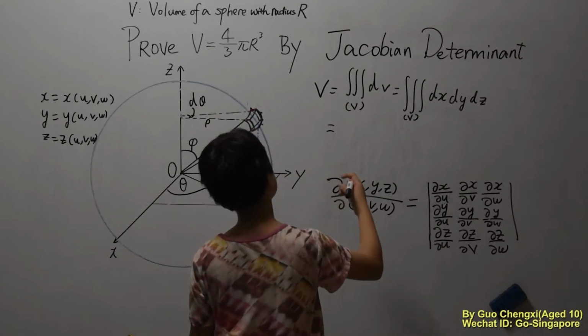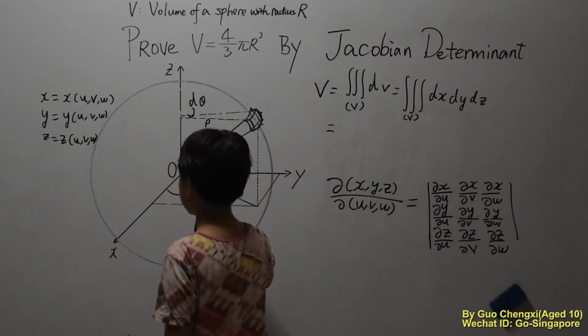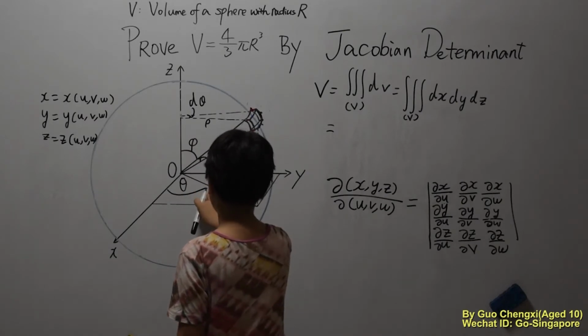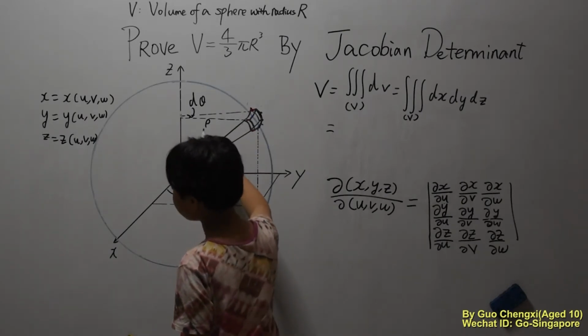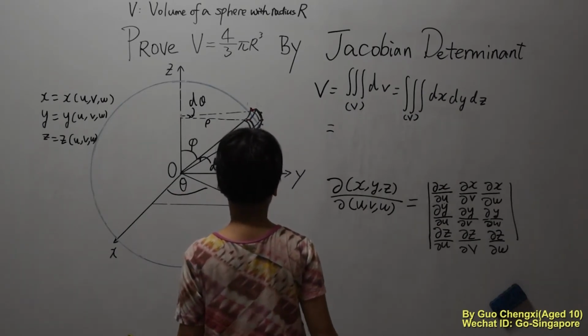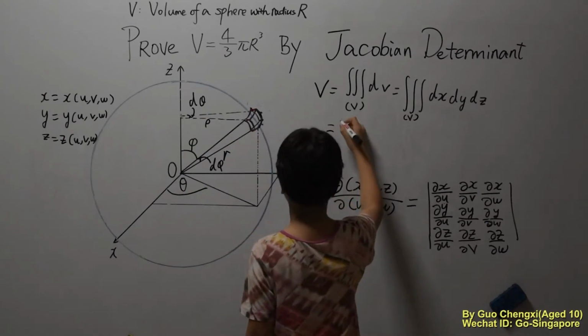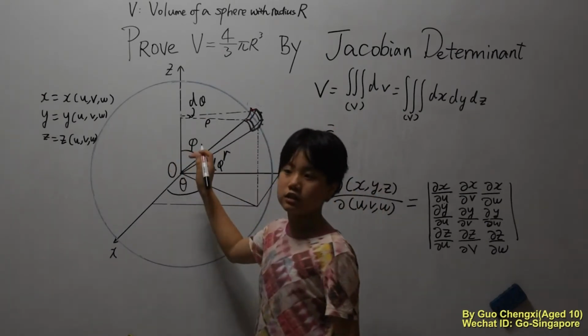Now for this part, we use theta, what was it again? The polar angle. And what is phi again? It is the azimuthal angle. So for these two angles, we'll also be using this.